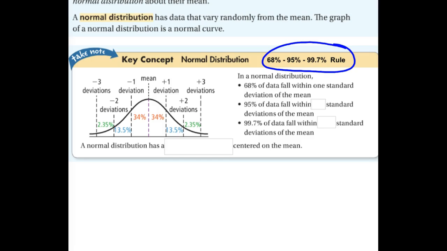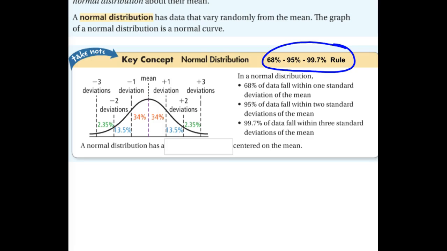So if we had that normal curve shape to our data, which we didn't yesterday, okay, but if we did, we're saying 68% of our little x's would have landed within 1 standard deviation of the mean. 95% are going to land within 2 standard deviations. And 99.7% will land within 3 standard deviations.